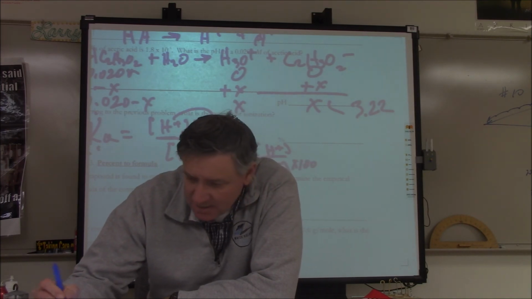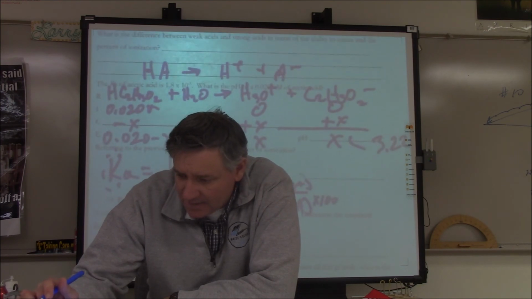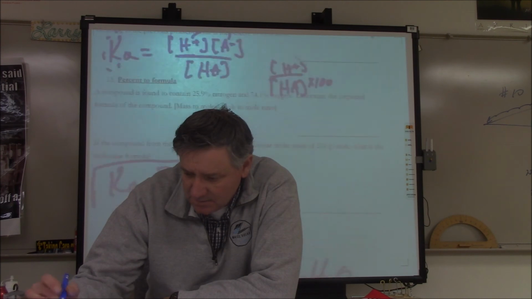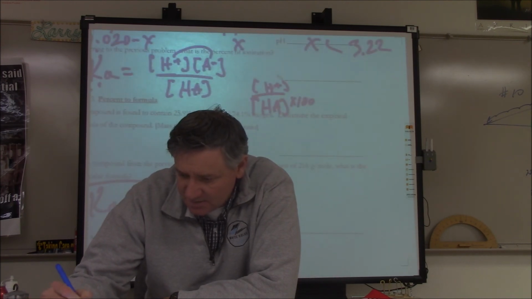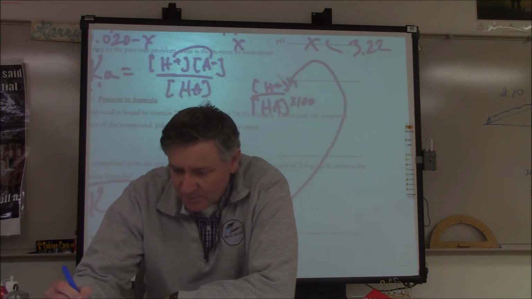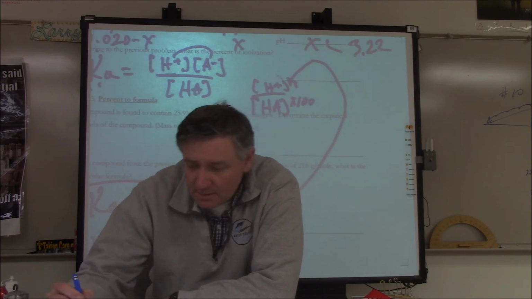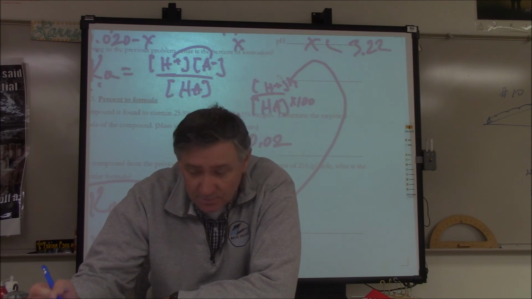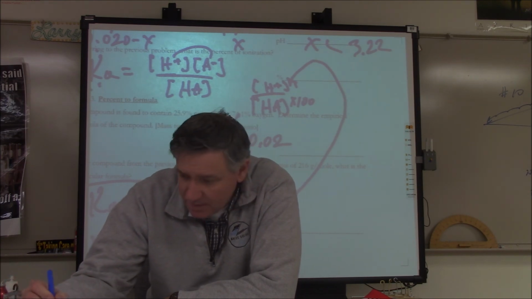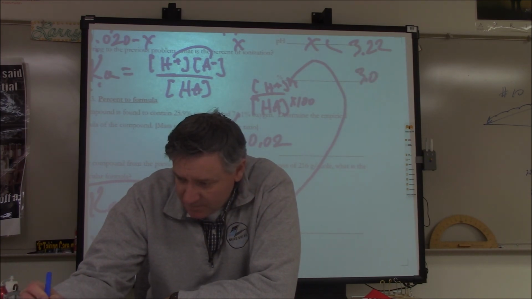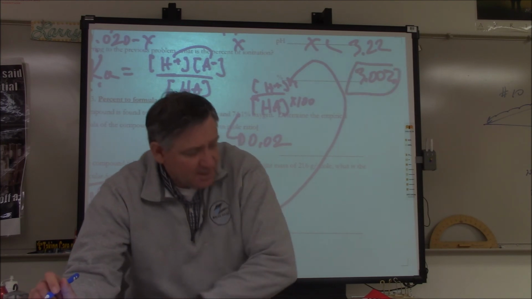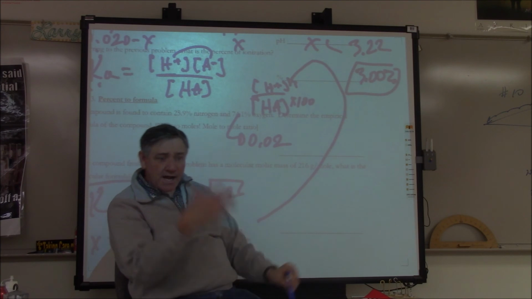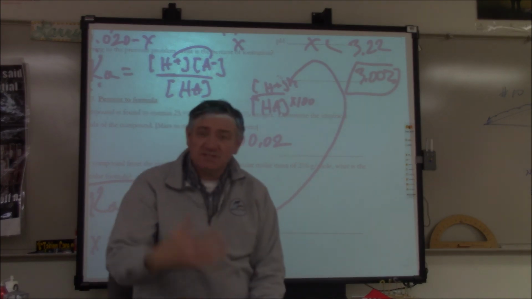In this case, I take the concentration of my hydronium ions, which is 6.0 times 10 to the negative fourth, divide that by the concentration of my acid, which is 0.02, and multiply by 100, and you get about 3%. So this weak acid ionized about 3%, which isn't very much.